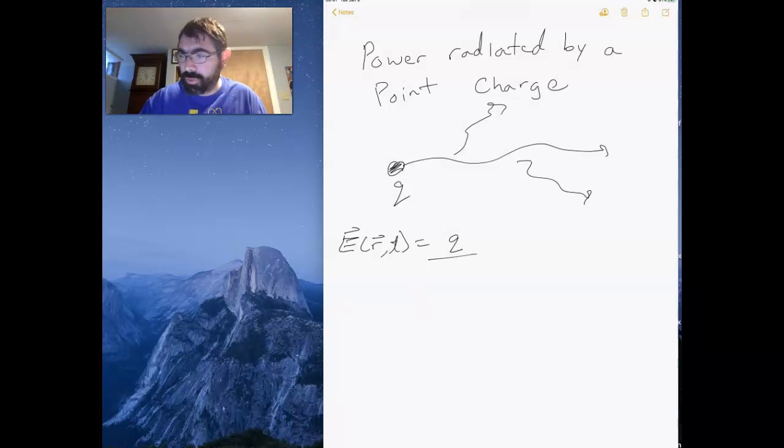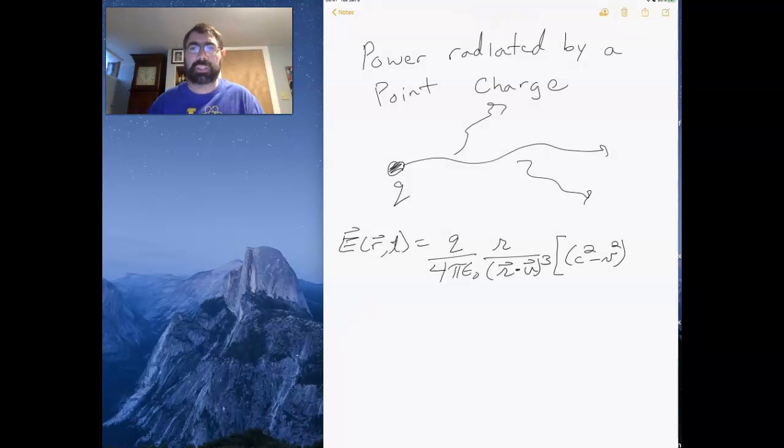So that electric field equation was Q over 4 pi epsilon naught, the distance r, over r dotted into u, cubed, times (c squared minus v squared, the velocity of the charge) times u, plus r crossed into u crossed into the acceleration.